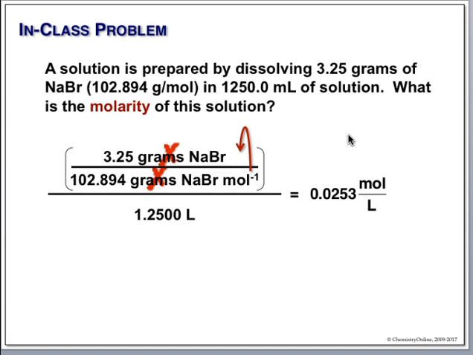Now we can show that using molar, because remember our uppercase M simply tells us moles per liter. Sometimes you will see this in textbooks abbreviated as an italic.